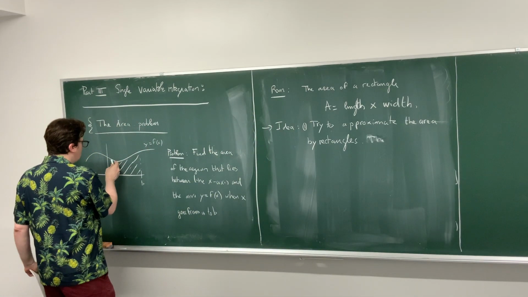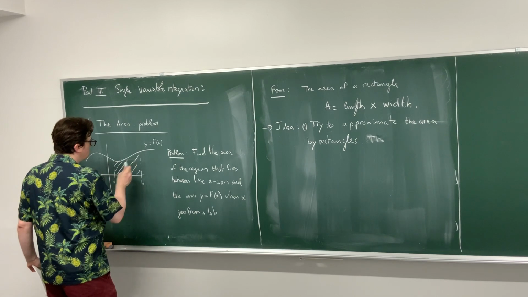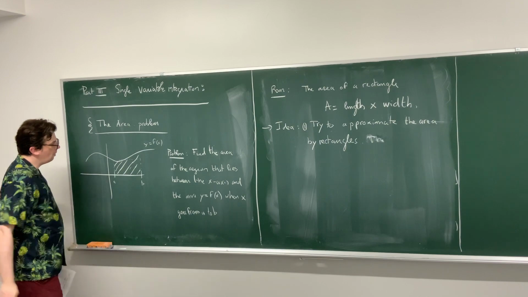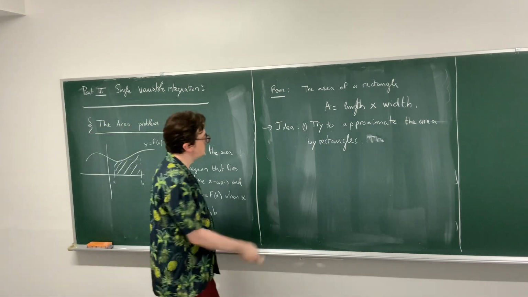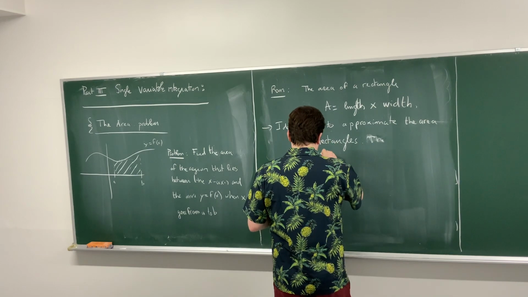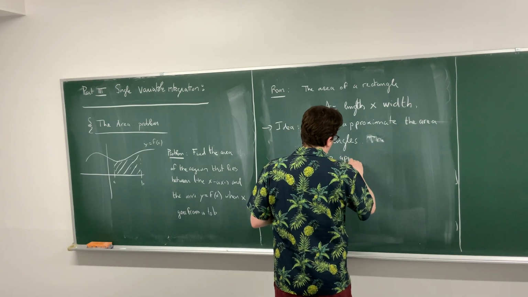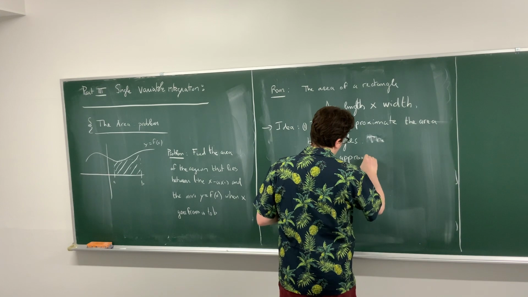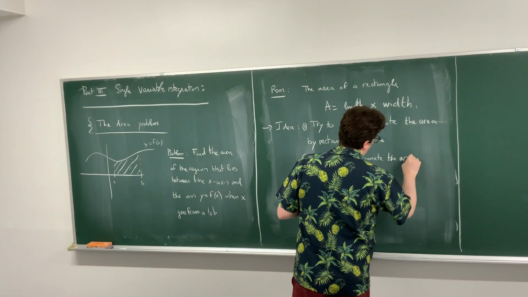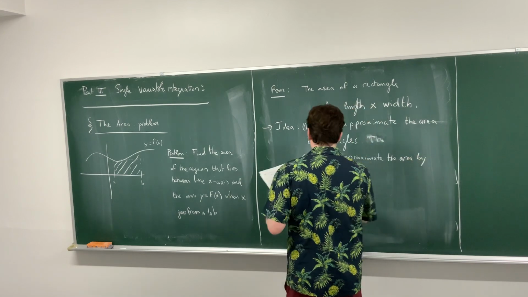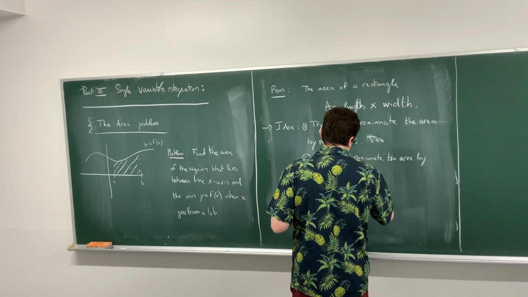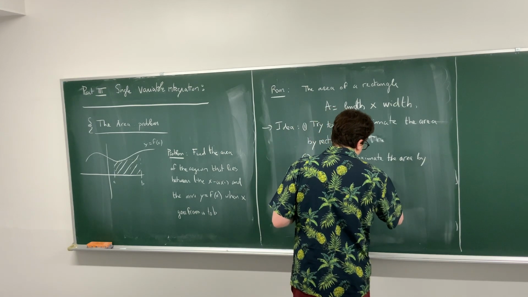So for example, you could consider this rectangle, okay? And you would say, well, it's not so far from our area, so it's pretty good. The second idea is to approximate the area by more and more rectangles.